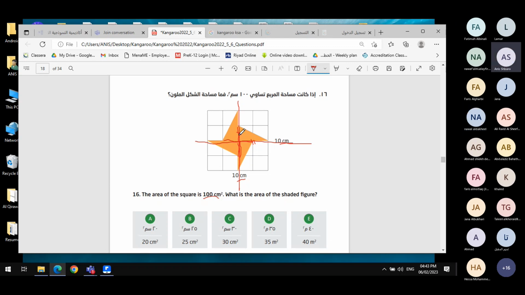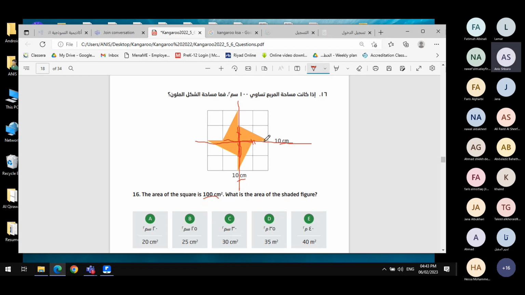The reason of that is this side times this side is the area of the rectangle. And over 2 is only one part, which is the right triangle. We are going to multiply this side by this side, and we will divide it by 2 to get this area.